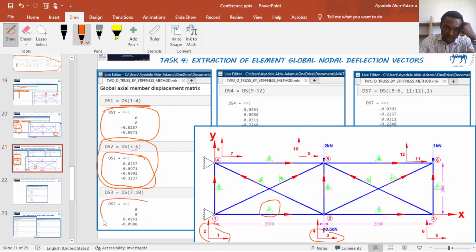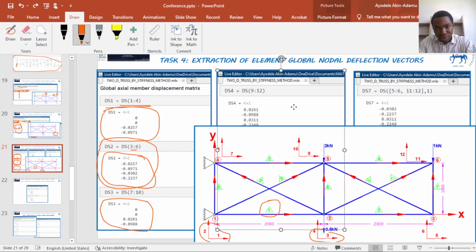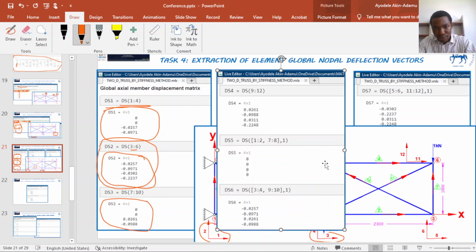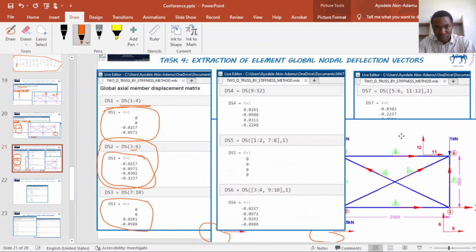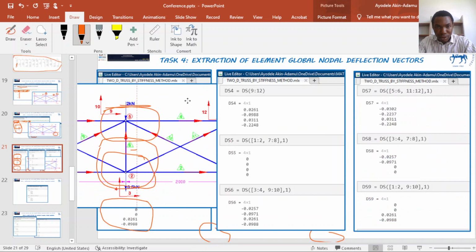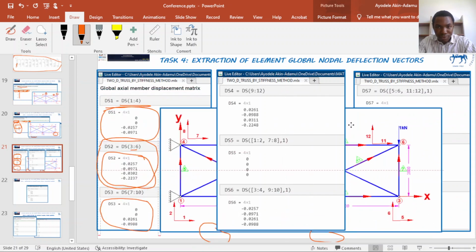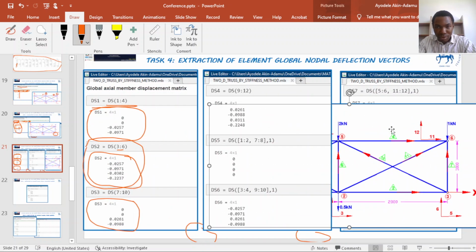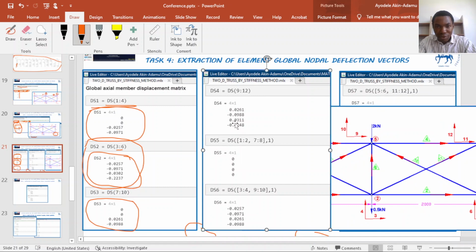This is our displacement vector for element 3. For element 4, this is our displacement quantity.